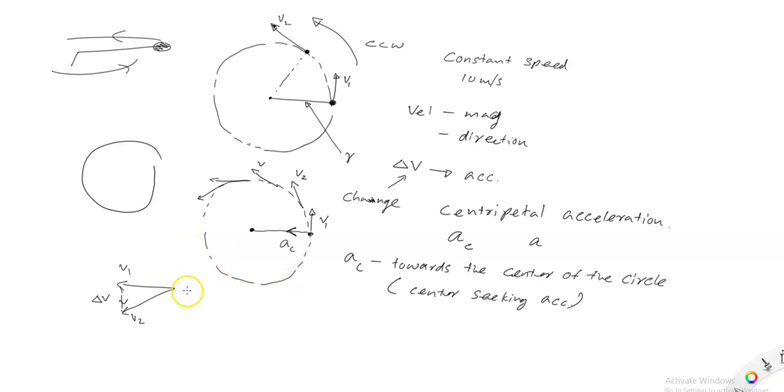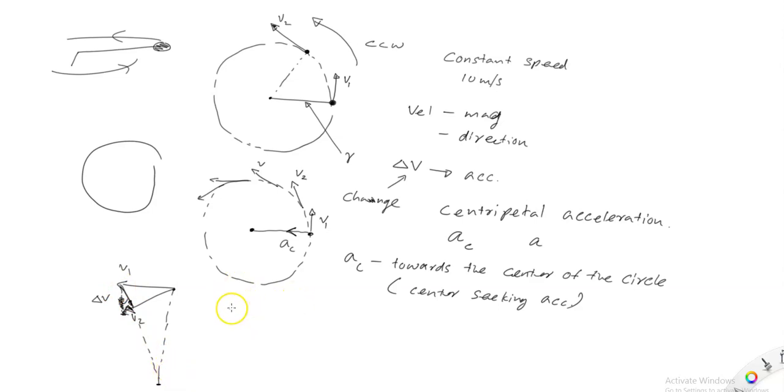Now in this case, this is where the center of the circle was. In an accurate diagram we can show that the change is pointing towards the center.